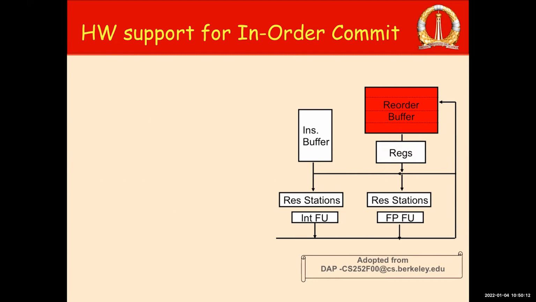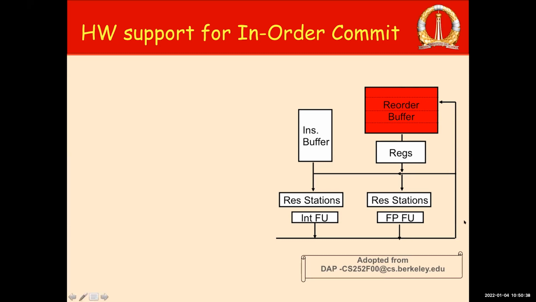So instead, I would allow these values to be written into some kind of a buffer, and this is basically a first in, first out buffer. And from this buffer, I will take the values and write them into the appropriate registers in program order. And when I do that, I am modifying the architectural state in program order.